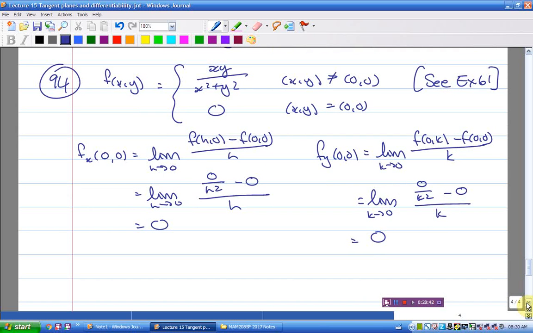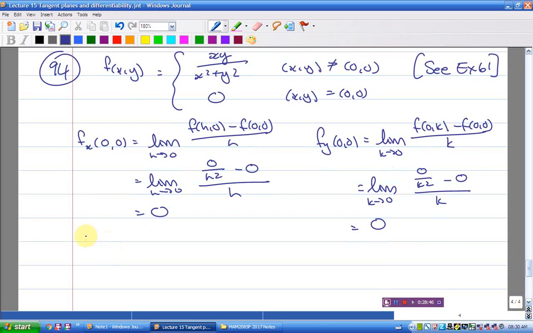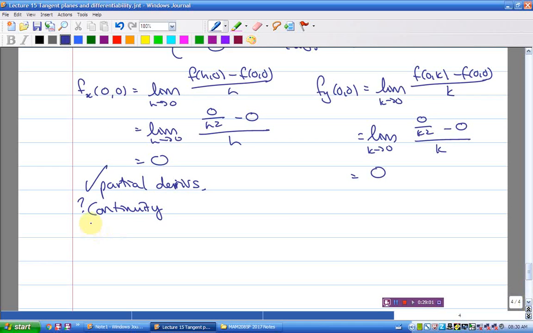And then we go on to check out continuity. So partial derivatives exist. But continuity, sorry, I'm not writing properly today. Approach 0, 0 along different paths.